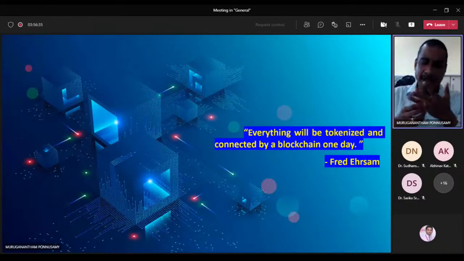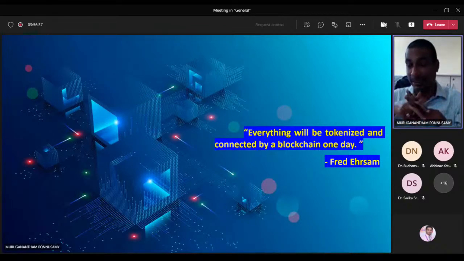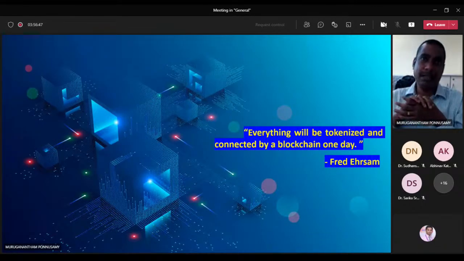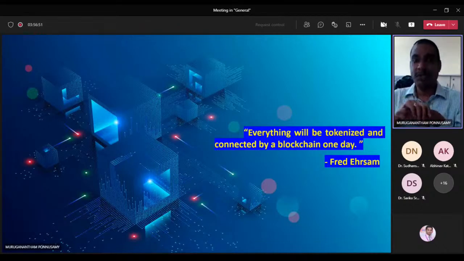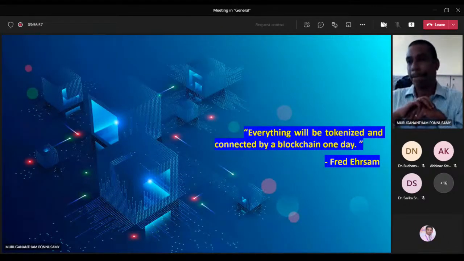Why I am recollecting the statement made by Fred means even our government already piloted an implementation of blockchain in the revenue department a few years back. The Government of Tamil Nadu came up with their plans.